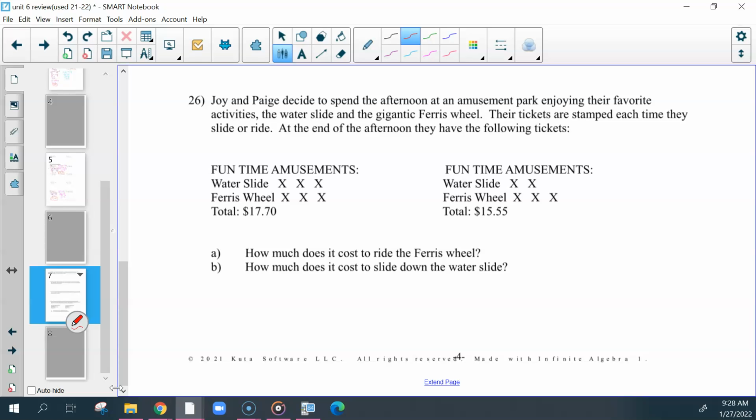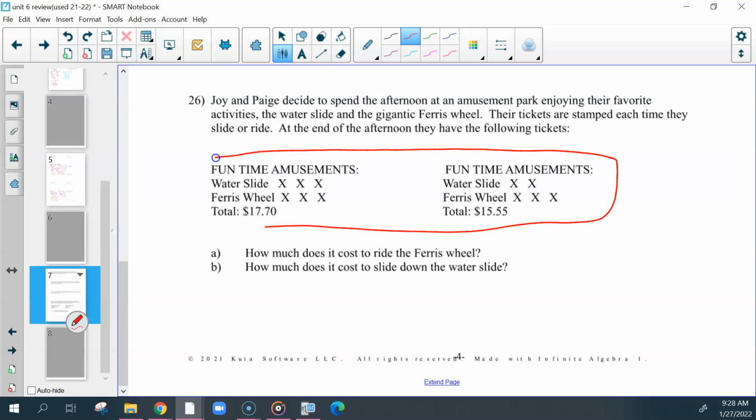I think that is listed out. Yeah, basically everything right here. All of that information is important.